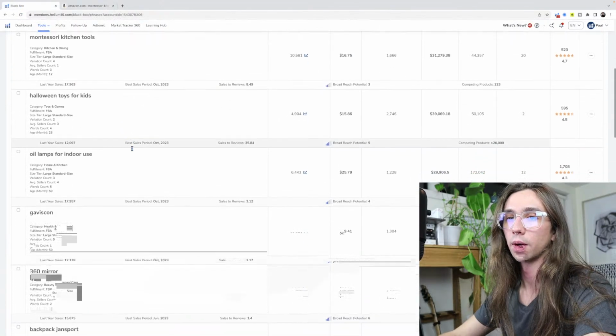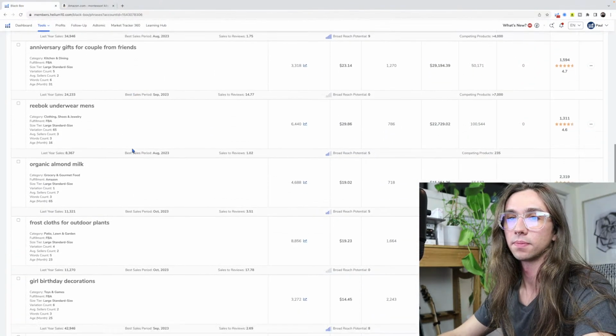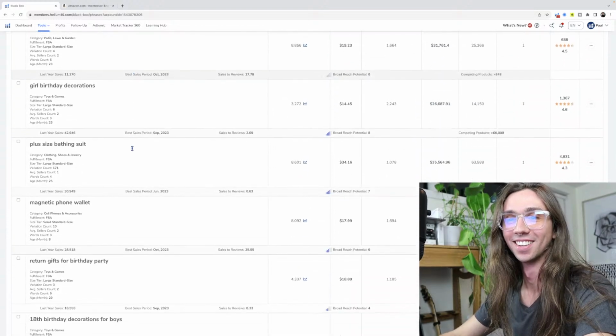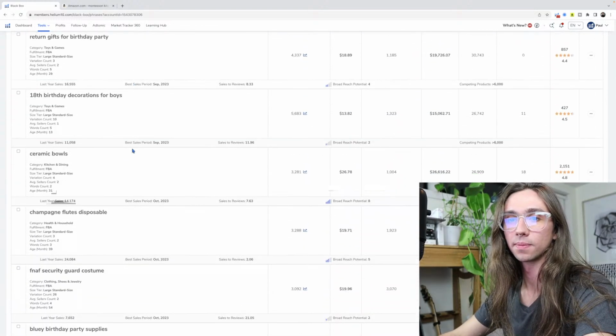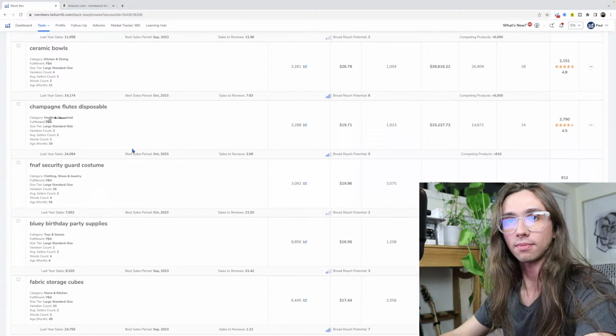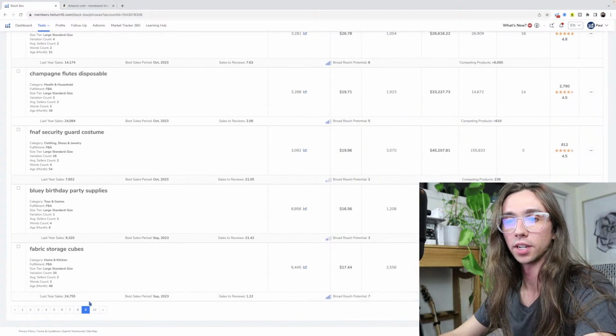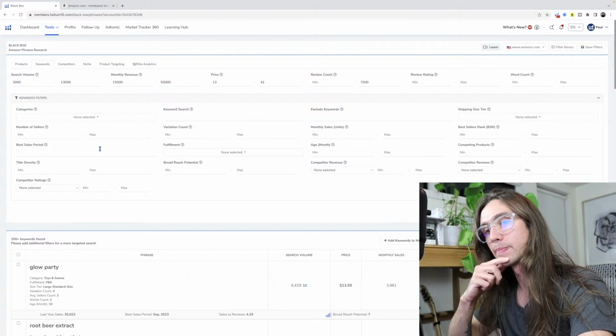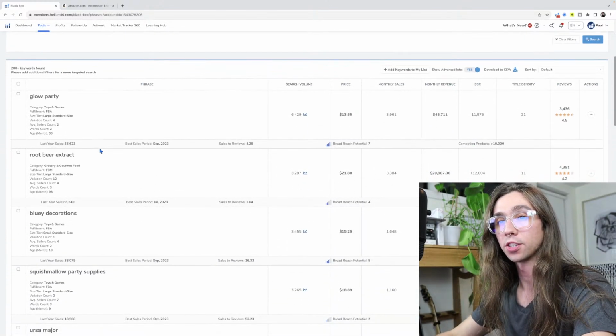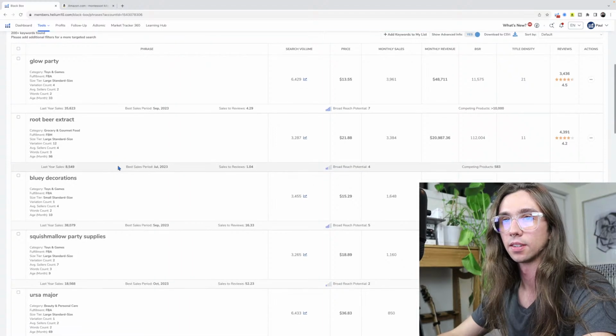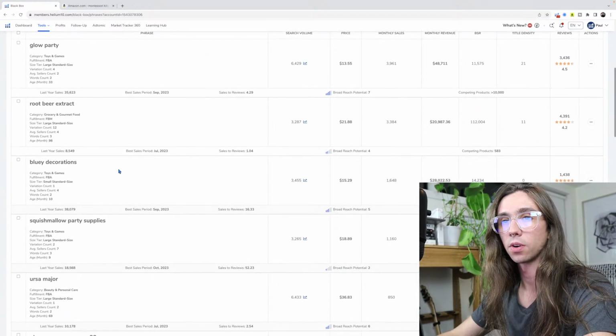Yeah, that one made me sour. I'm just kidding. So let's see. Ceramic bowls. Way to go. That's exciting. Root beer extract. Okay. Now we're on to something.